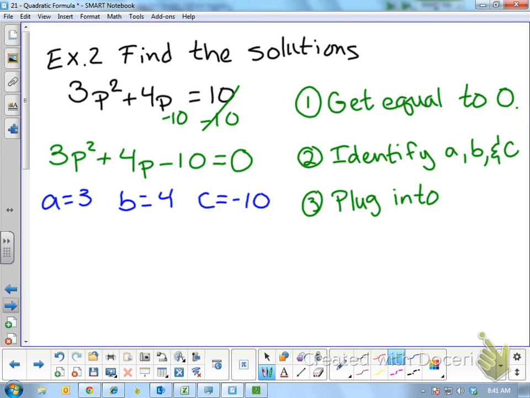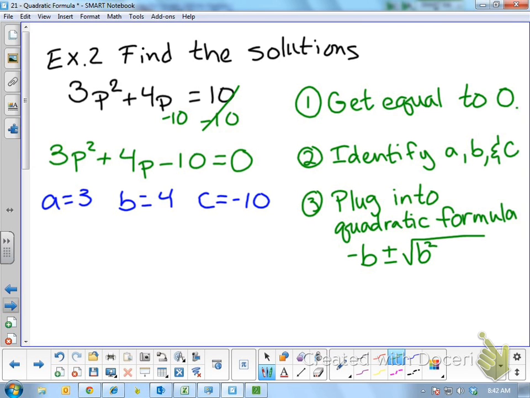It's similar to the discriminant. It's the same idea. Quadratic formula. Now you already have the quadratic formula written down once. I'm going to write it down again so we can look at it as we do this problem. Negative b plus or minus square root of b squared minus 4ac all over 2a. Yes, it is just a long formula, unfortunately.